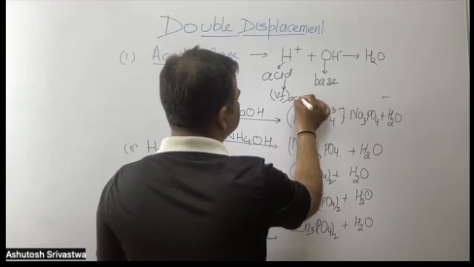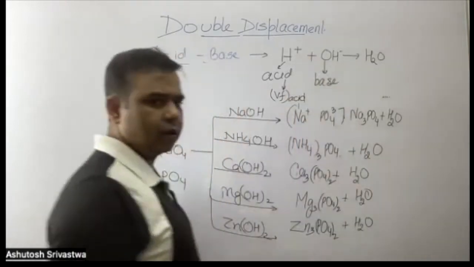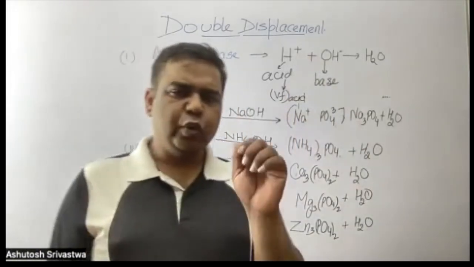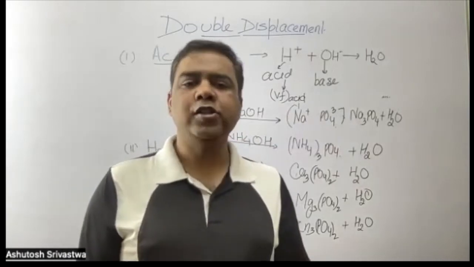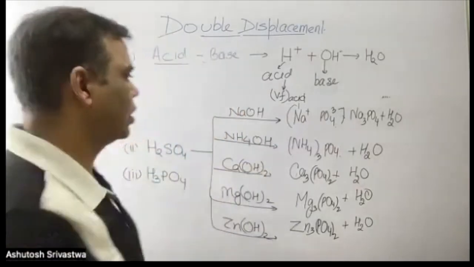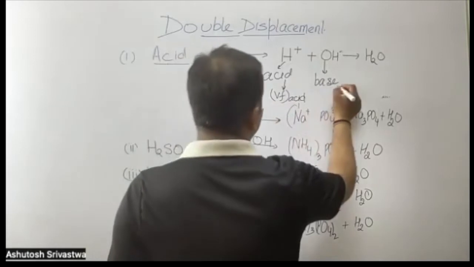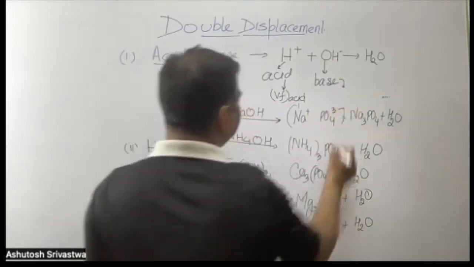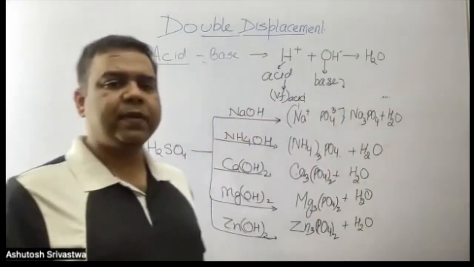Why am I saying VF? It's a valency factor, also called the N factor. I'm just introducing a new term. It represents how many H plus is actually coming from the acid.